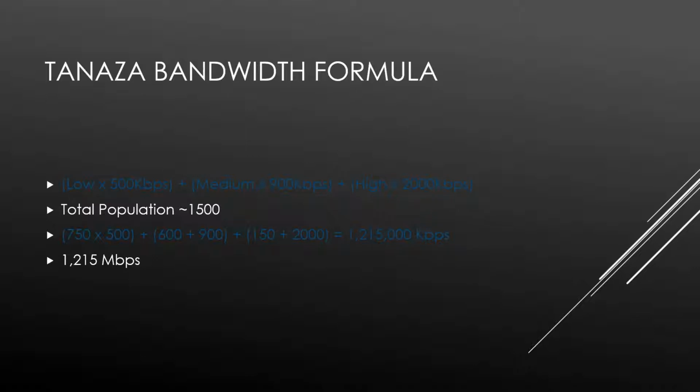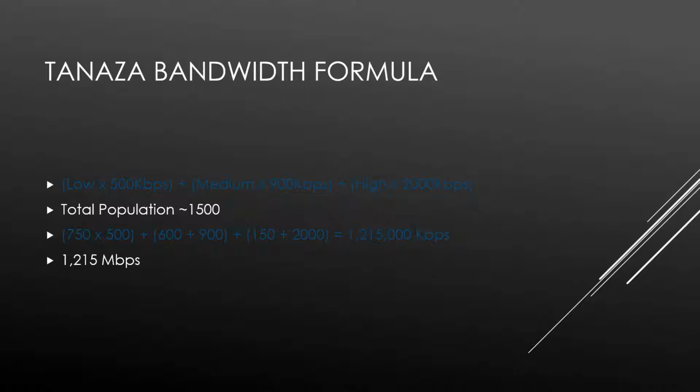For the speed requirements, I was using a formula by Tanenbaum, I believe is how you pronounce it, and their formula is basically low, medium, and high, which is a population number, and then they give you an amount of kilobytes per second that they would be using.